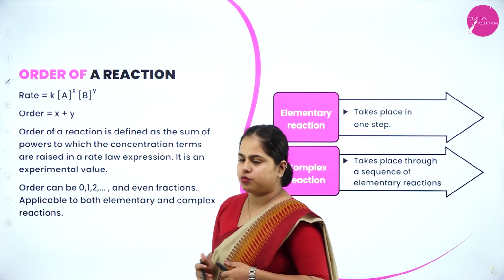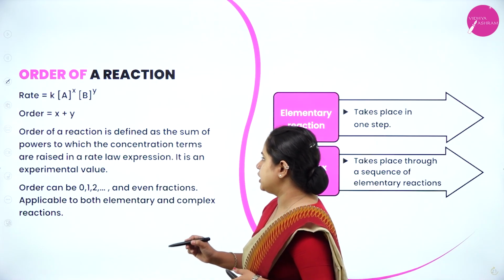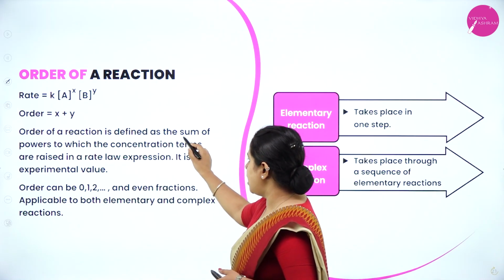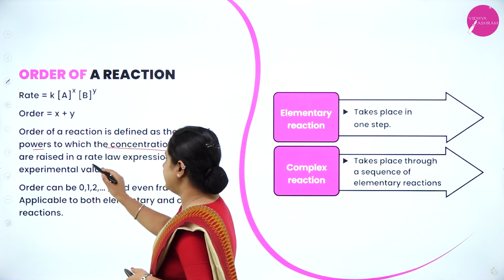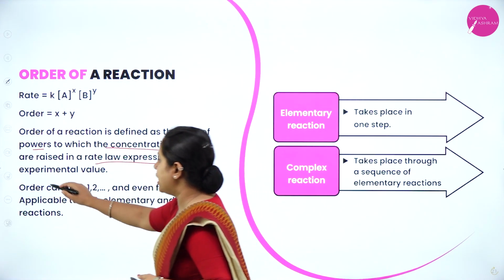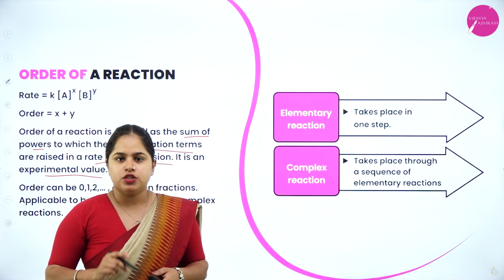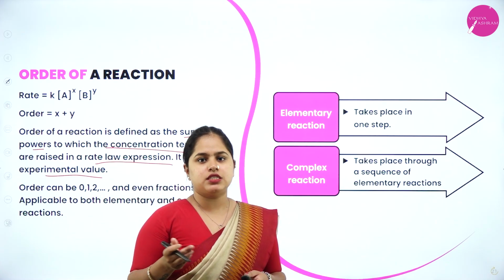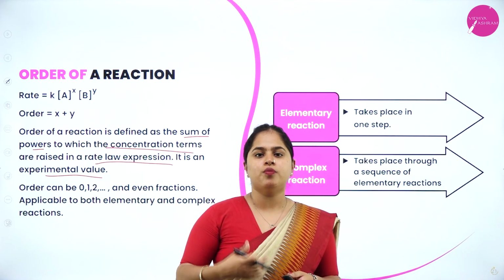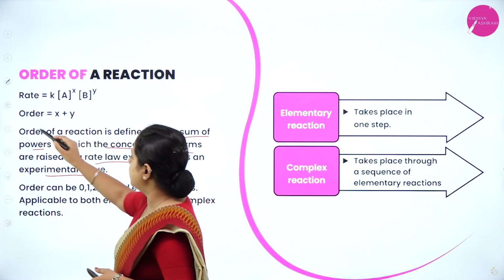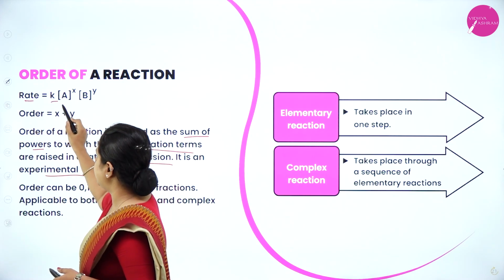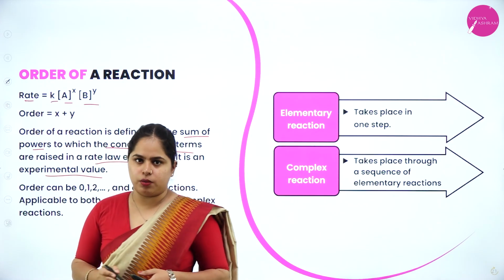So, let us understand from the definition itself. Order of a reaction is defined as the sum of powers to which the concentration terms are raised in a rate law expression. It is an experimental value. You already know, from the last session itself, how to write the rate law or rate expression. For example, we have taken here the rate expression: rate is equal to k into A to the power x into B to the power y.